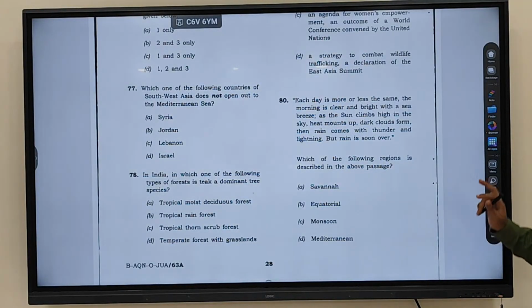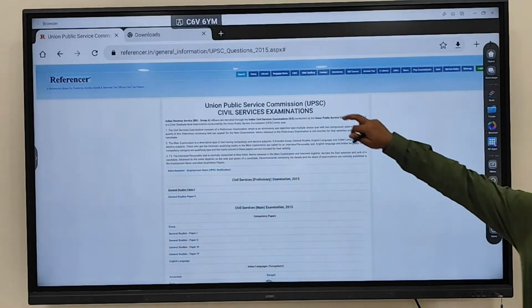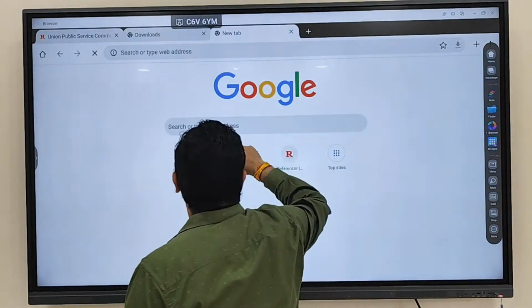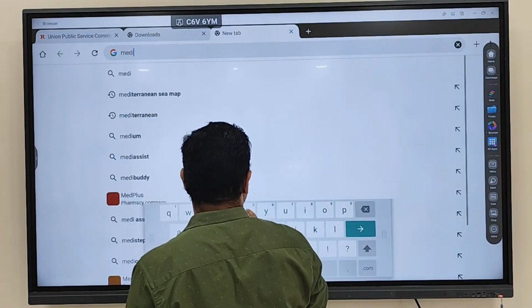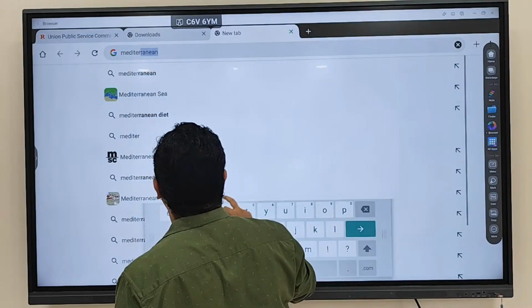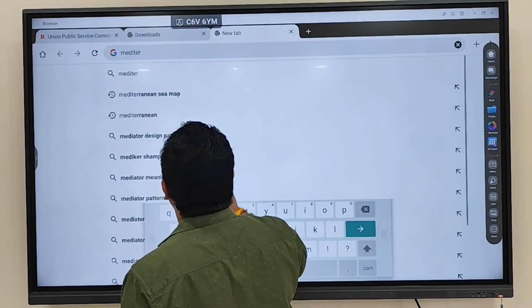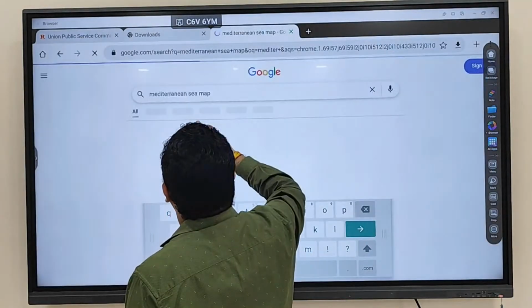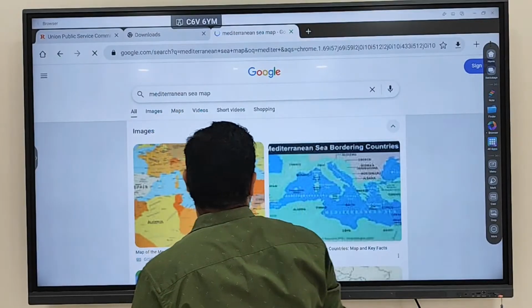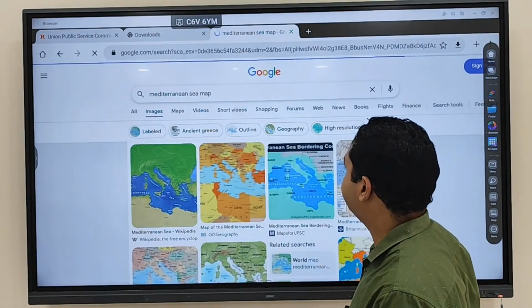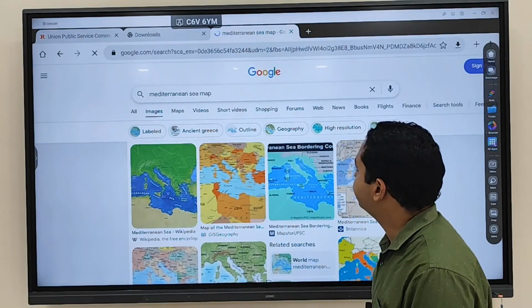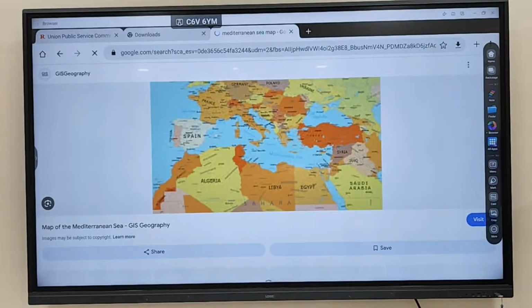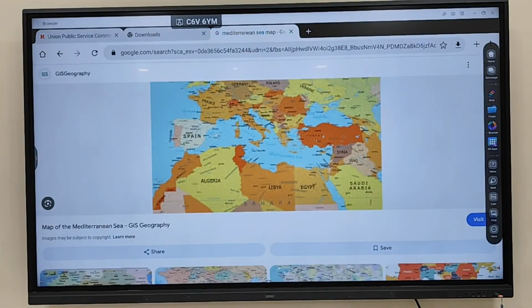If you look at a map, we'll discuss the Mediterranean Sea in the oceanic part, but if you look at the map, you can see this is where Syria is lying.